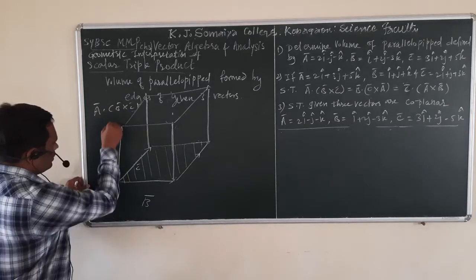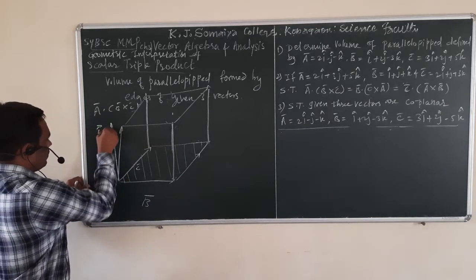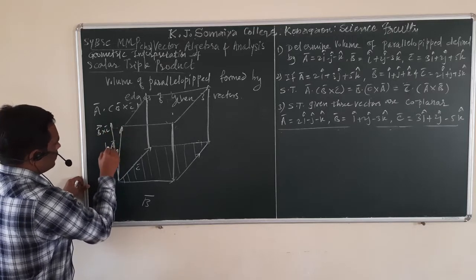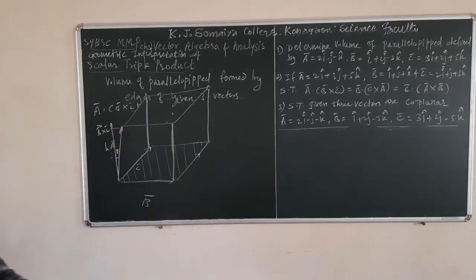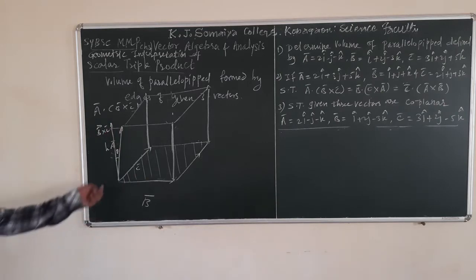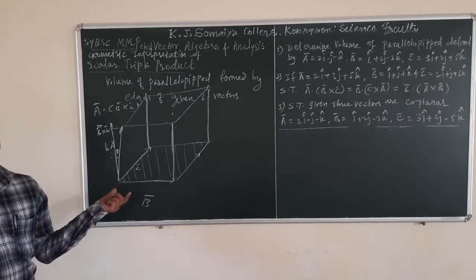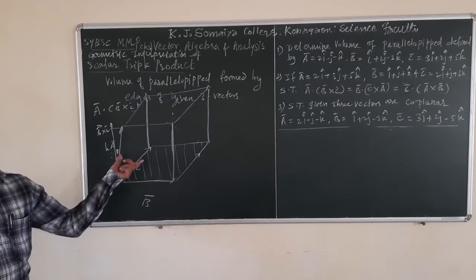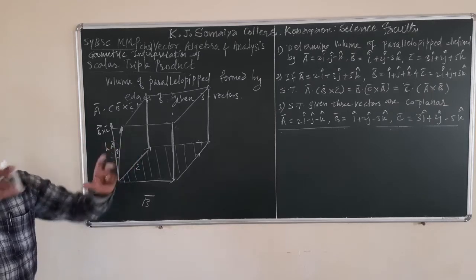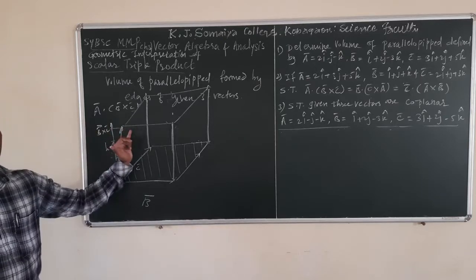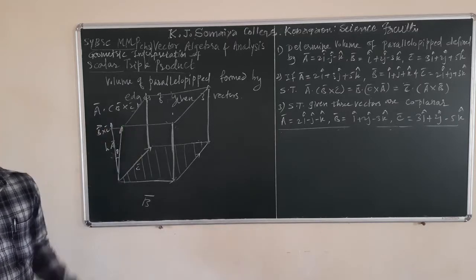If I show this vector as B cross C, and this is H, then I can show this is height H. So here we have formed the shape of a parallelepiped. This is not a cube. If you take a cube and push it towards vector A, that is the shape of this parallelepiped.